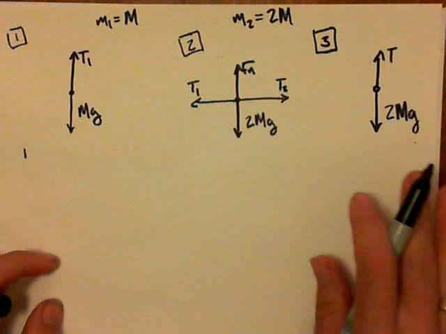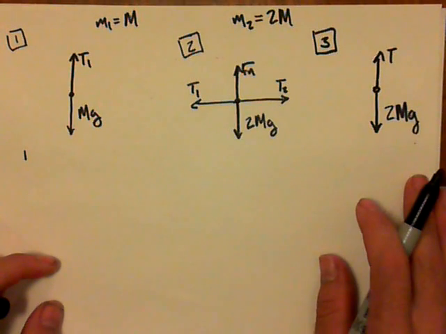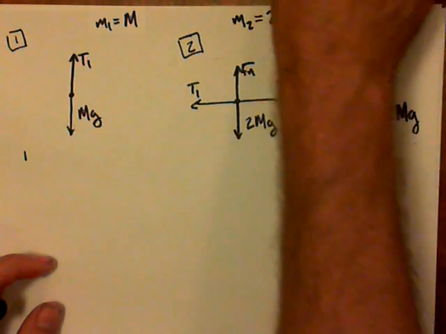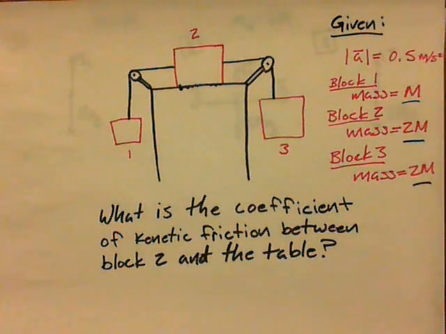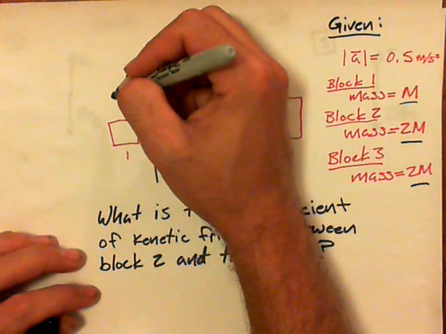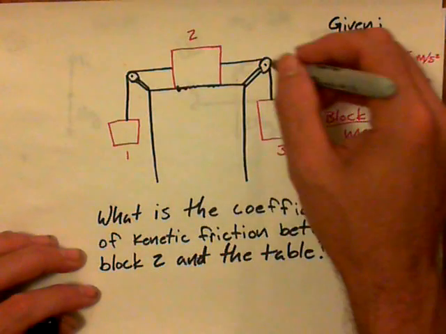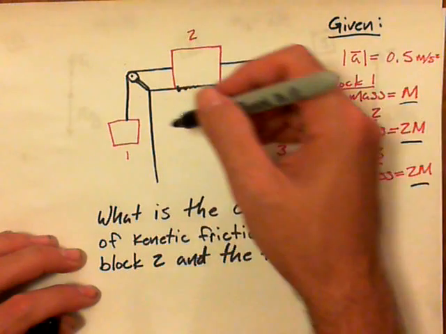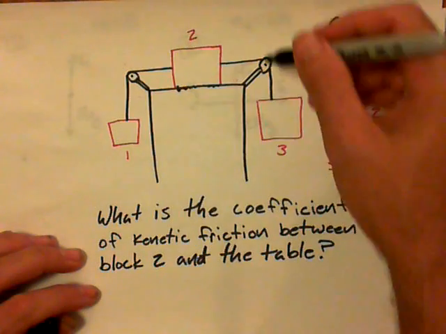So now I'm gonna set up my coordinate system. The way it's usually helpful for me to look at these, and that gives me an answer that seems logical, is to follow the cable with all my stuff.